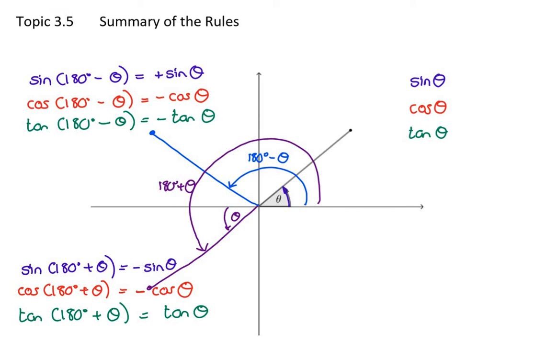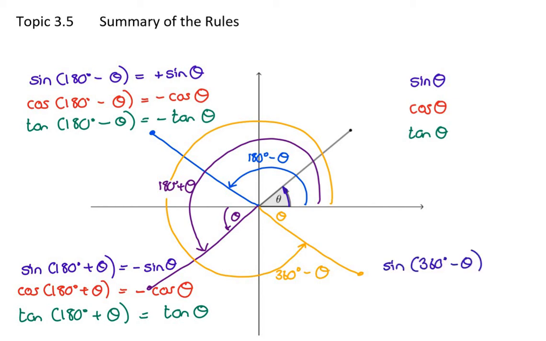Now our last of the cousins is if I reflect the original over the x-axis, so this is theta, and so the angle formed in the Cartesian plane goes all the way around to the line, and that will be 360 degrees minus theta. Now we're working in quadrant 4.